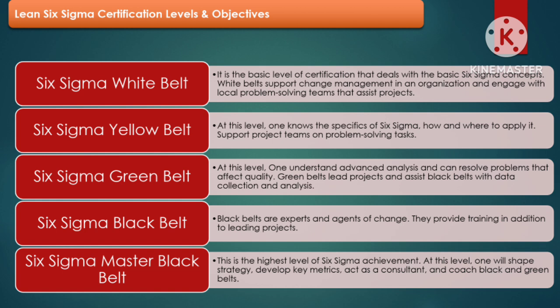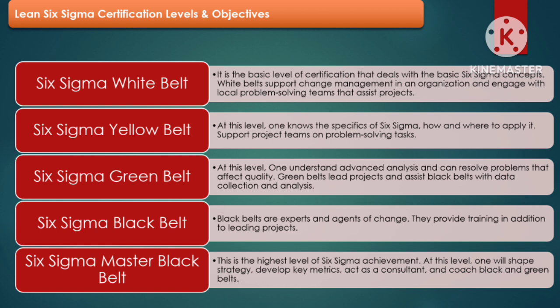The white belt covers the concepts of lean and Six Sigma, and provides the basic understanding and foundation: how the overall program works, how it can help the organization, how it can help individuals improve the process, and what tools and concepts need to be looked at. In the next level, yellow belt, we go one step further.